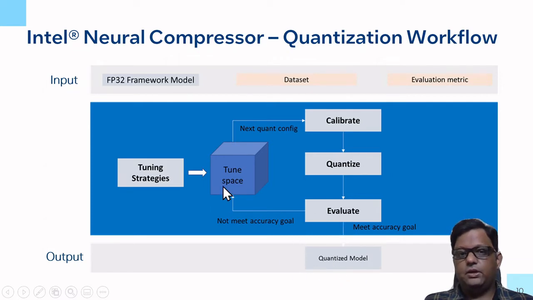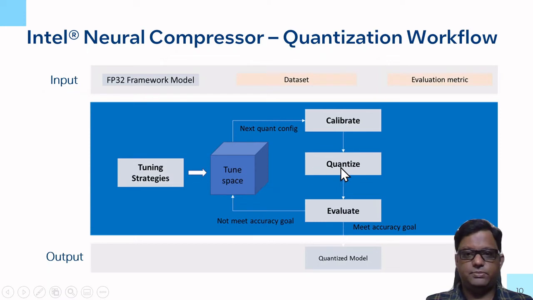And if it does meet the thresholds that we've set, then it'll just output that quantized model. If not, it'll go ahead and figure out other sets of configurations based on the tuning strategies that we give, to find the best partial set of weights, I would say, which can be retained as FP32, and the rest which can be converted to int8. There is also a bunch of other optimizations that go on behind the scenes.